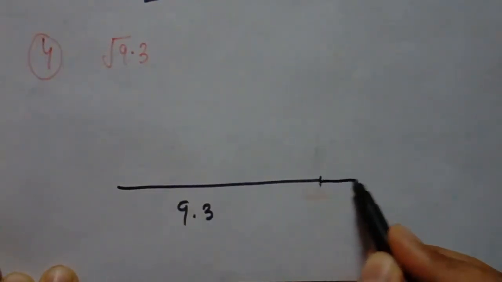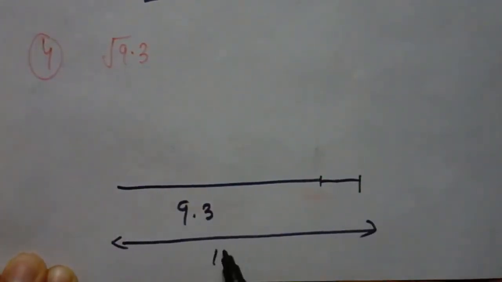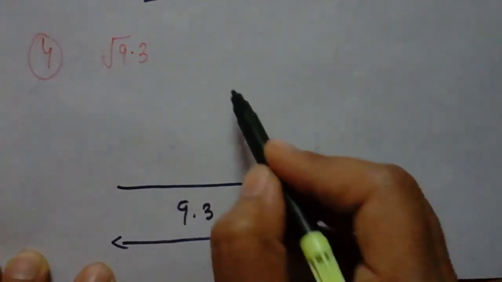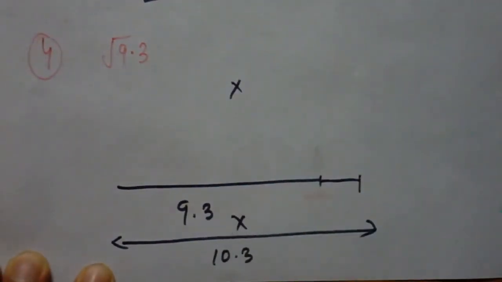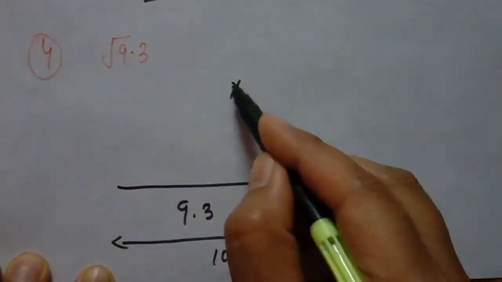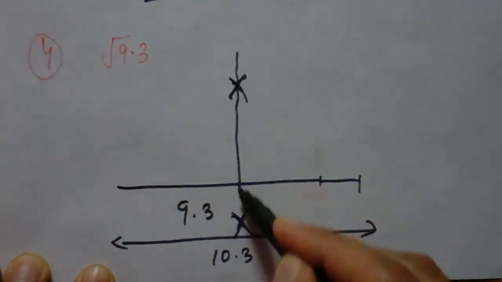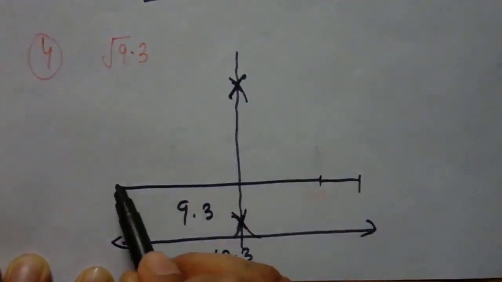Then after this, one more unit. Now it totally becomes 10.3. The second step is to draw a perpendicular bisector on this line. How will we draw a perpendicular bisector on this line? We will open our compass more than half, mark an arc from both ends like this, and we will meet them like this.